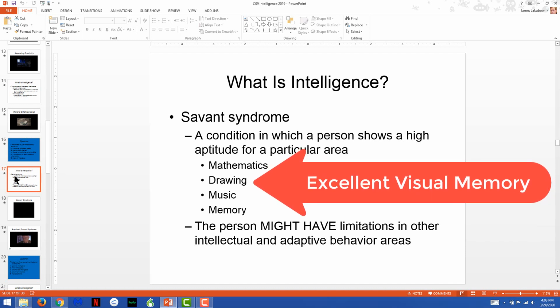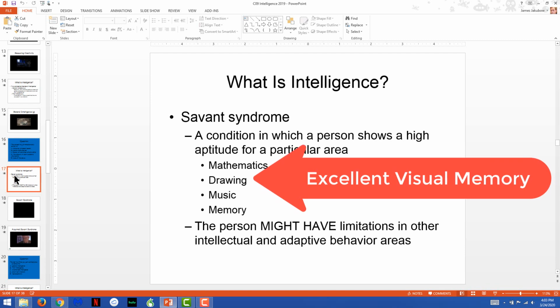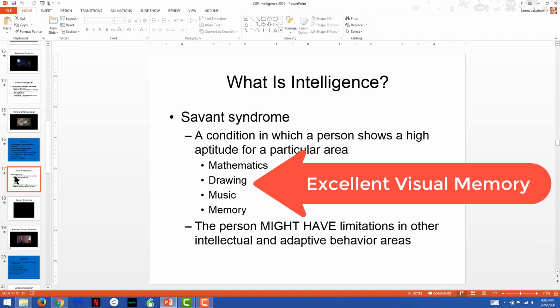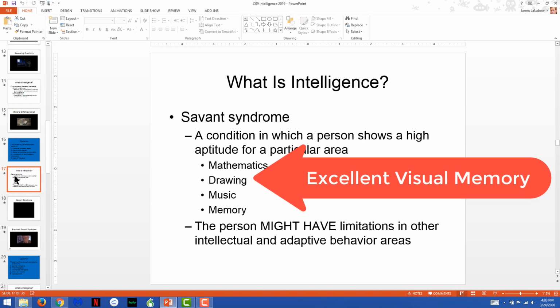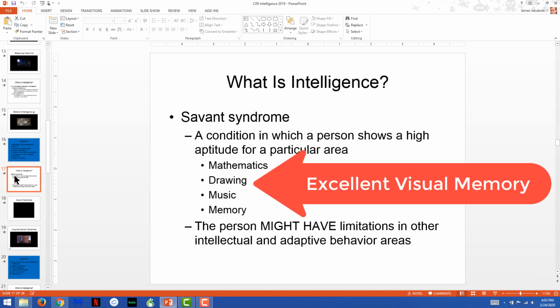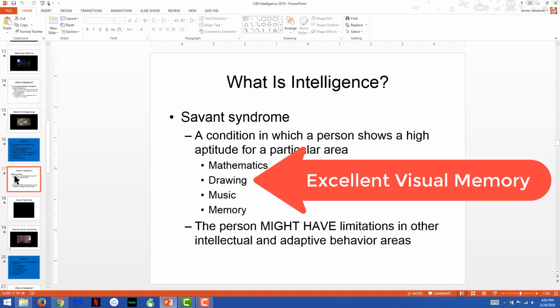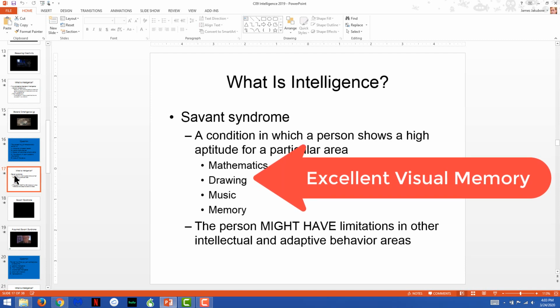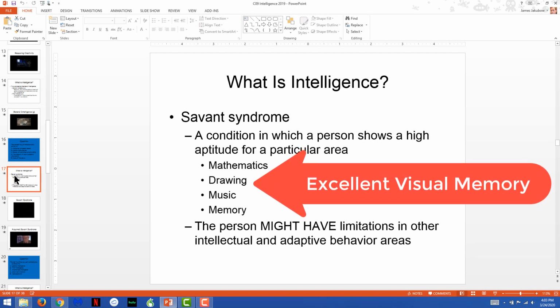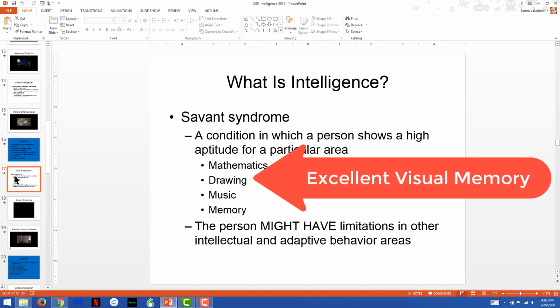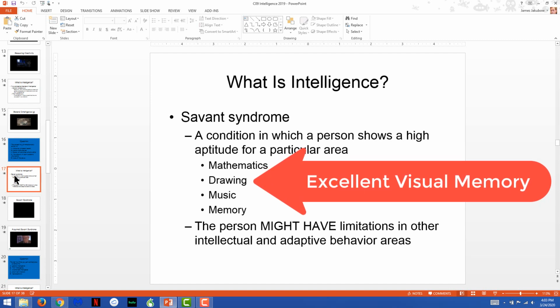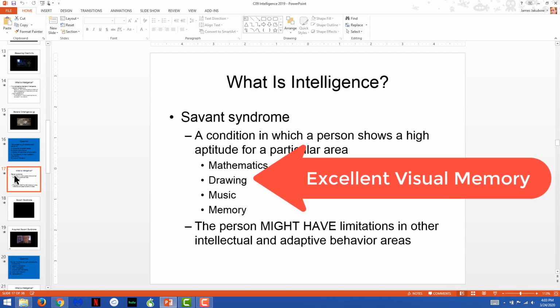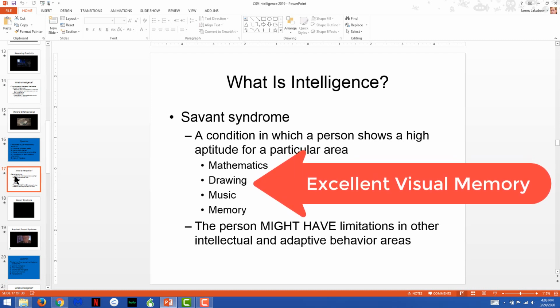It's actually this type of skill way back in the 1960s that led to the idea that there might be such a thing as a photographic memory. But hopefully you do remember from the memory chapter that as research on photographic memory progressed, it was found that no one ever shows an ability to see a scene and not show any decay from that visual memory.